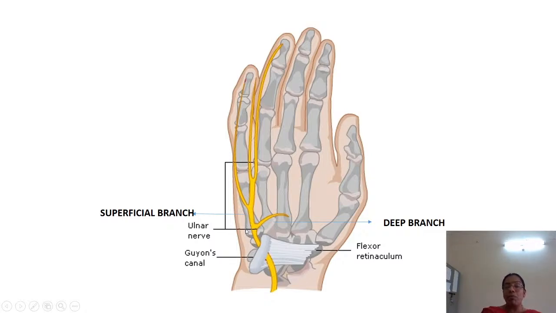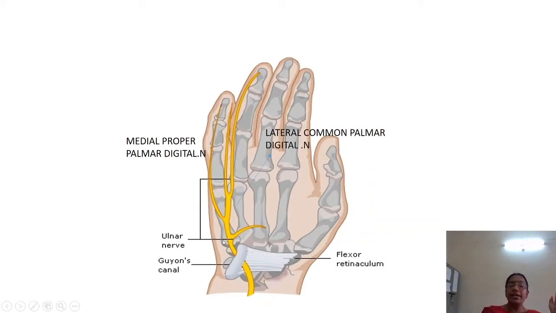At the proximal part of the hypothenar eminence, it divides into superficial and deep branches. The superficial branch of the ulnar nerve divides into a medial proper palmar digital nerve, which supplies the ulnar side of the little finger, and a lateral common palmar digital nerve, which supplies the adjacent side of the little finger and the ring finger.